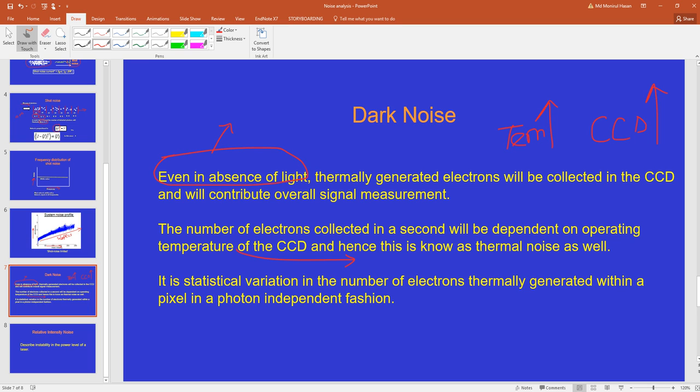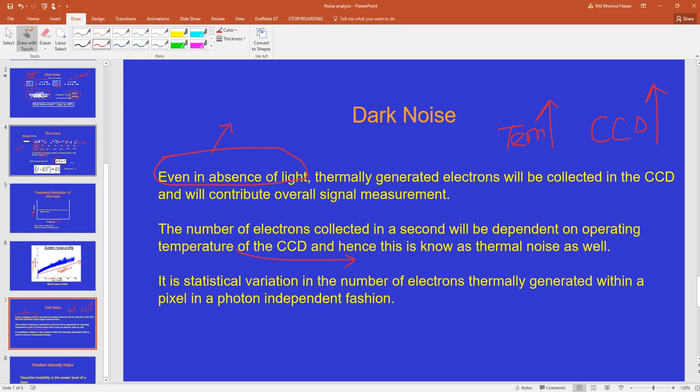We will see that it's collecting different numbers of photons, and the number of photons collected will increase if we increase the temperature. So we cannot do anything about the dark noise except reduce the temperature of the room where we set up our spectral domain OCT.